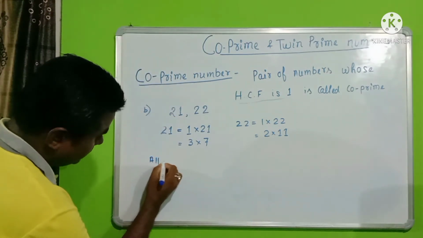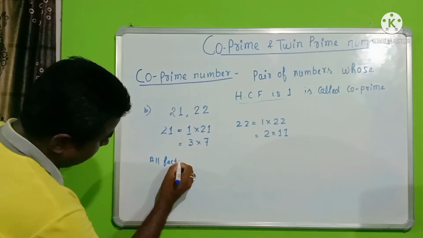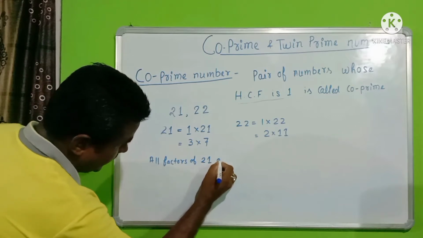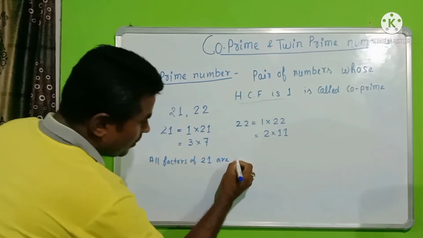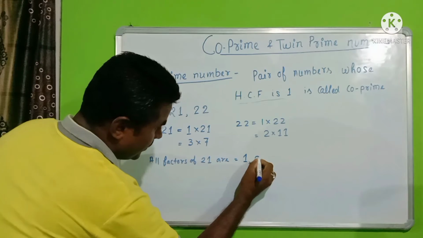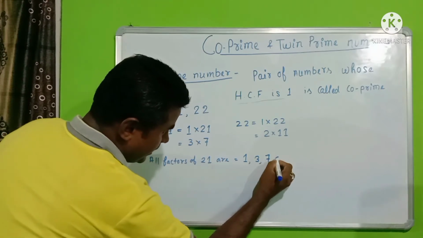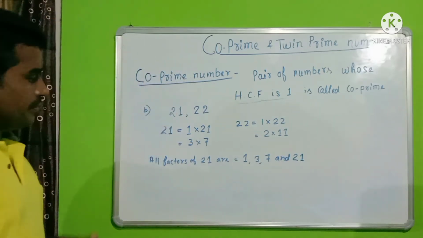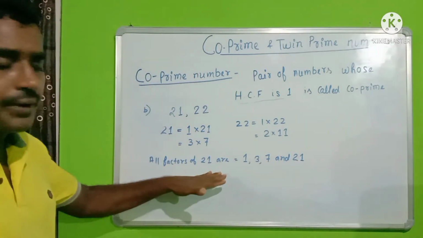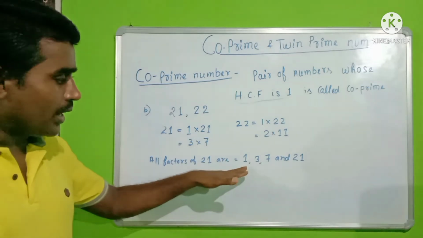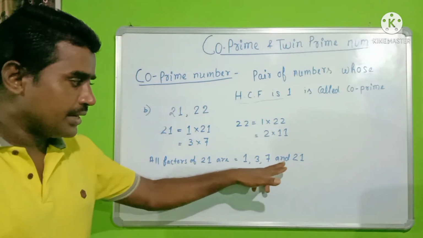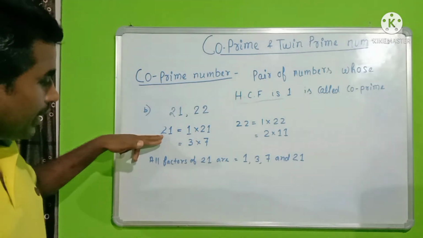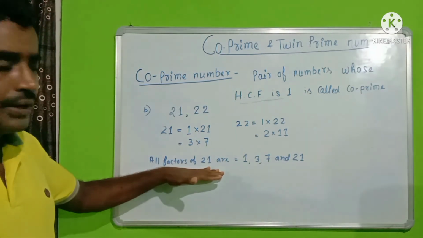All factors of 21 are 1, 3, 7 and 21. You know how we find all factors of a number.